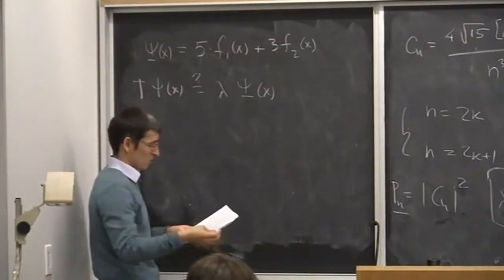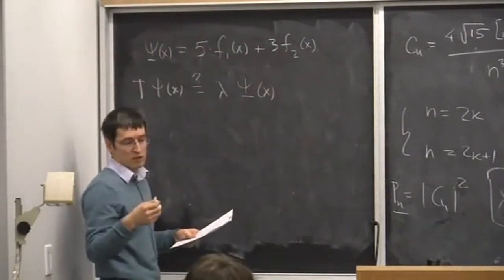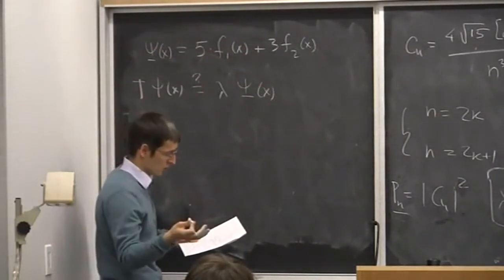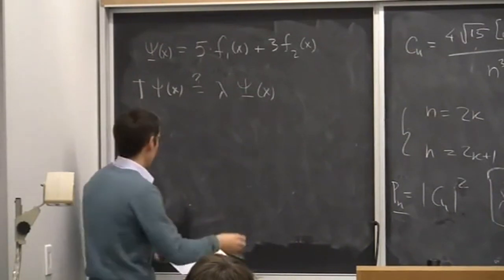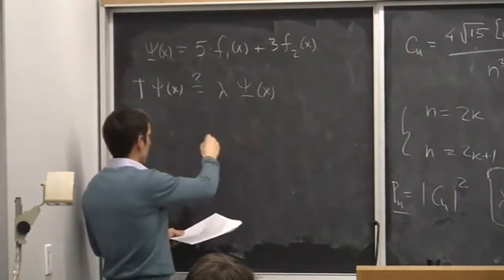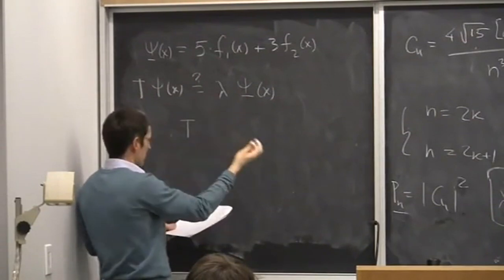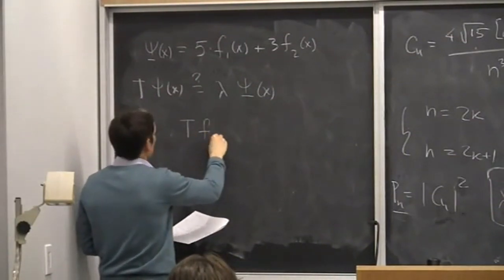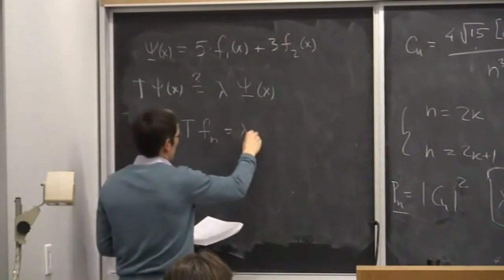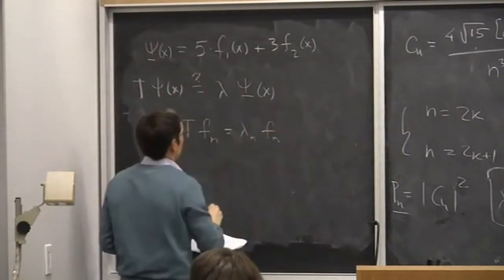And it can be shown even without going to the calculus, even without differentiation, just algebraically. By algebraically, I mean we know the relation: when t acts on f_n, it produces lambda_n f_n.